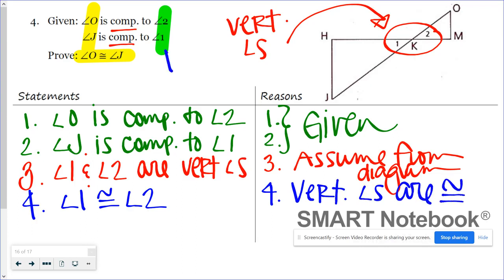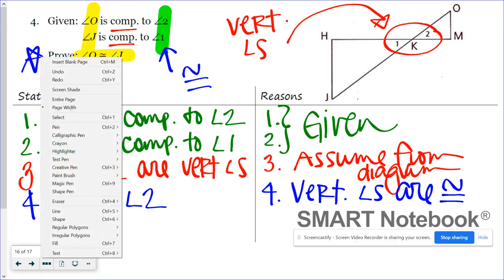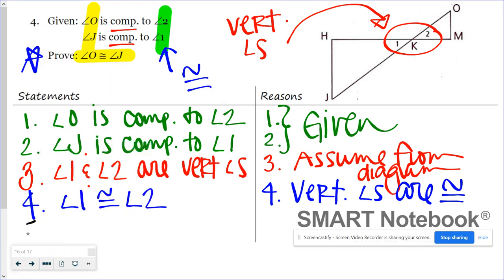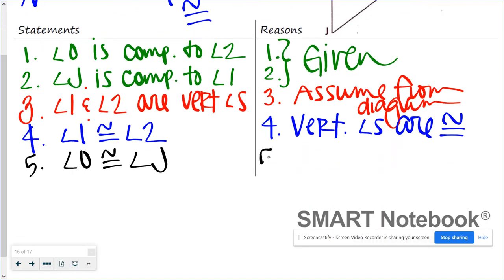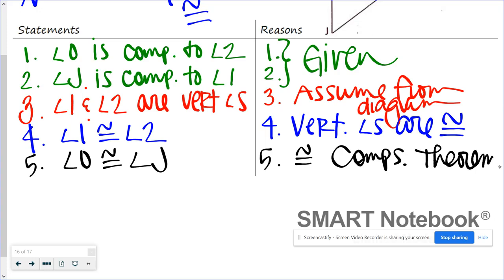All right, so now that we know angles 1 and 2 are congruent, and we've proven that, we are ready to say that angle O is congruent to angle J by the congruent complements theorem. Because if two angles are complementary to congruent angles, they are congruent.